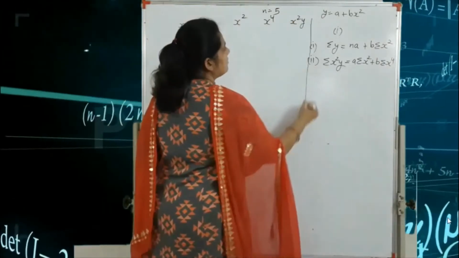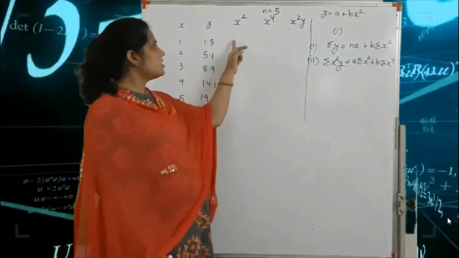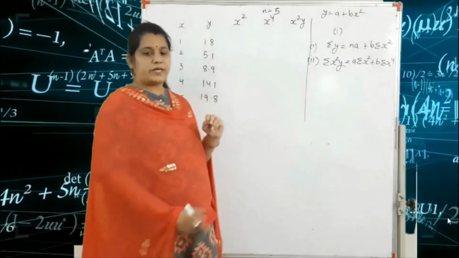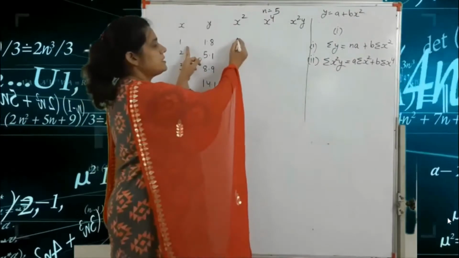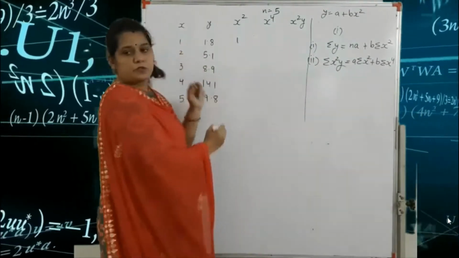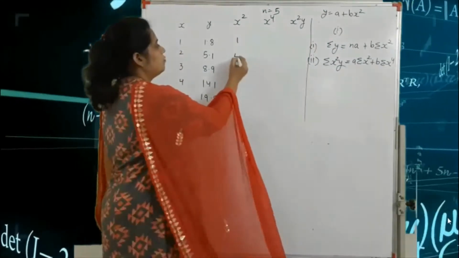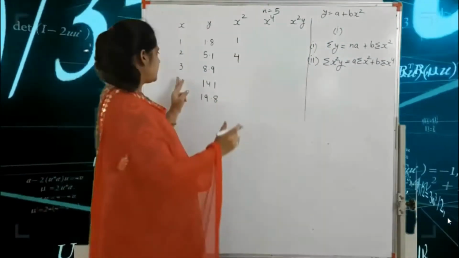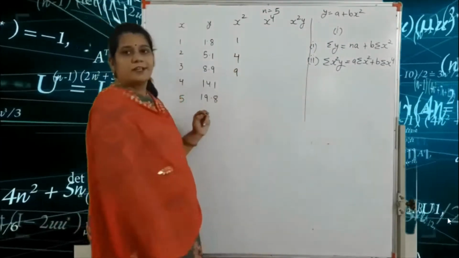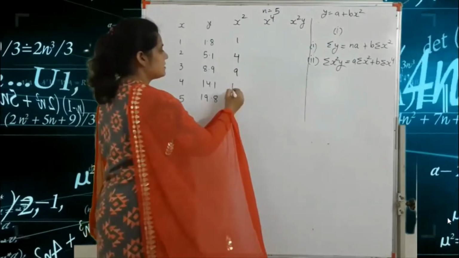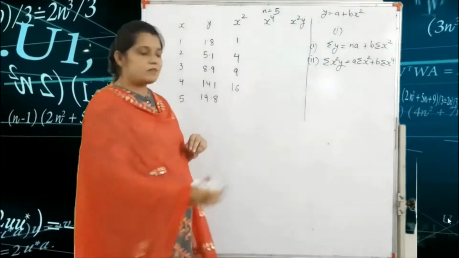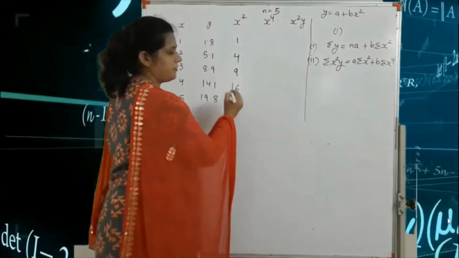First x square: 1, 2 square is 4, 3 square is 9, 4 square 16 and 5 square 25.